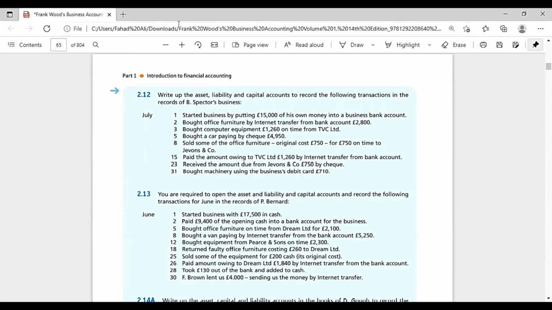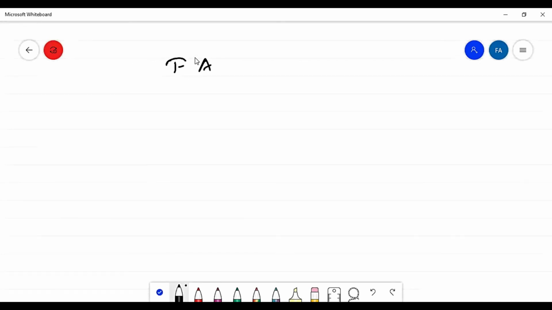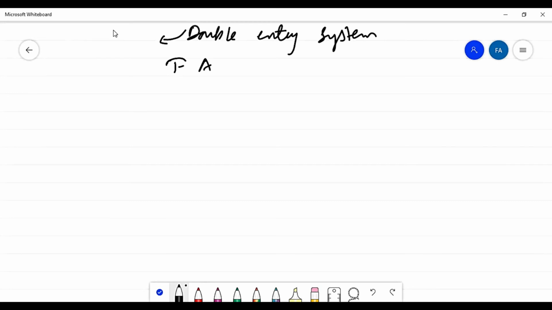Exercise 2.12 will start, but before that, I can give you the T accounts introduction, which is necessary. If we talk about a T account, I told you the recording is done by the double entry system when I was giving you the definition of accounting. Double entry system itself says double means there are two aspects of a transaction.